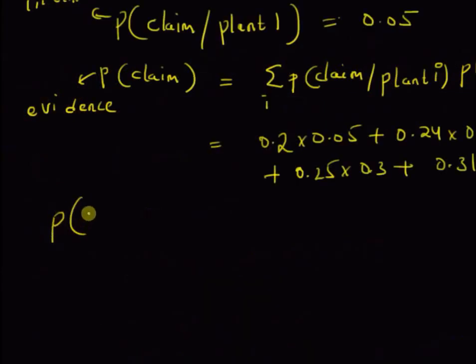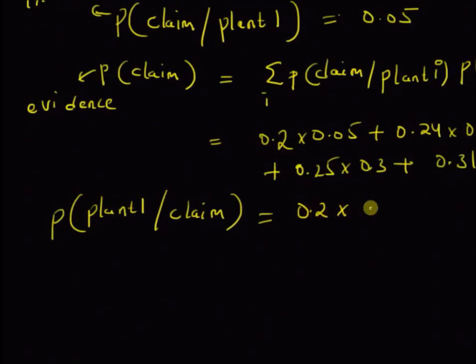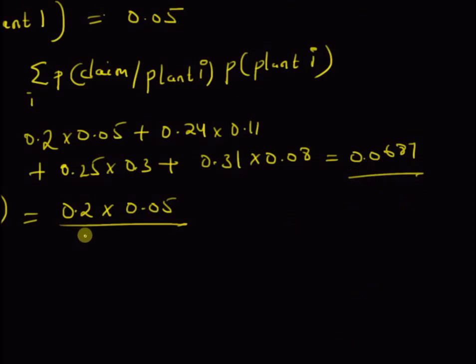Now we know all the values that are needed for calculating this ratio. So the probability of plant 1 given a claim is equal to the product of the prior, which is 0.2, multiplied by the likelihood, which is 0.05, divided by the evidence, which is 0.0687.